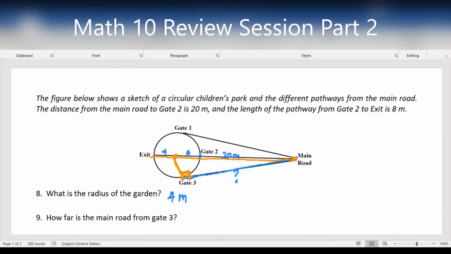The right angle is here. So we can use Pythagorean theorem. Given na to, given yung hypotenuse, given the radius, which is the base, which is also 4. Kaya we can use Pythagorean theorem to solve for the missing side. Sige nga, solve it. Ayan, thank you.